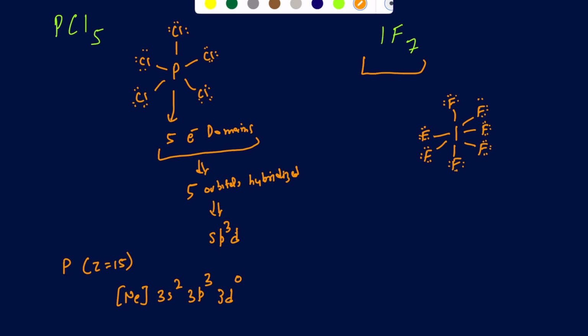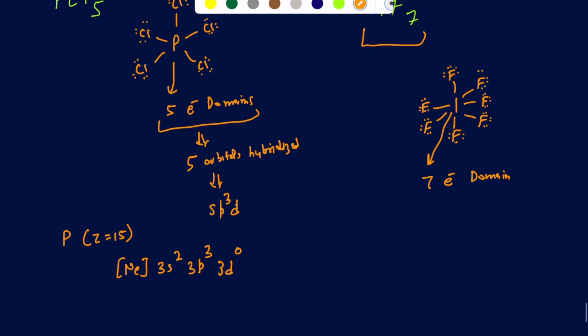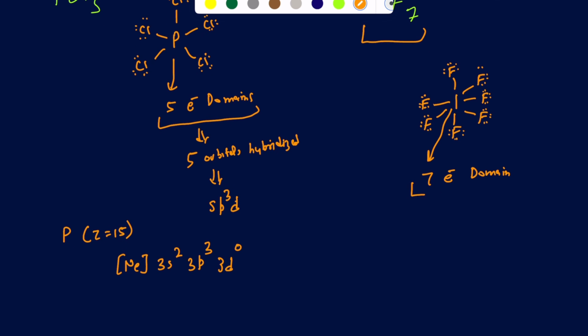Now, how many electron domains do I really have around the iodine here? If I want to focus on that, that would be 7 electron domains in total, all of them coming from bonding domains. There is no lone pair on that iodine at the center. So that means I must have 7 orbitals hybridized.